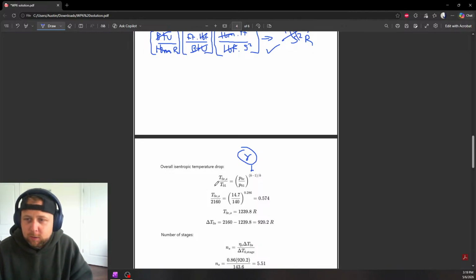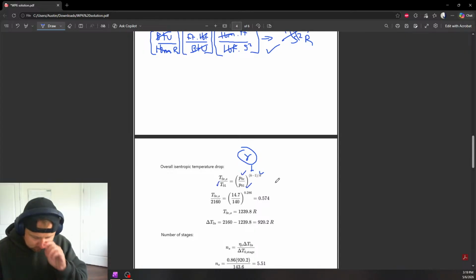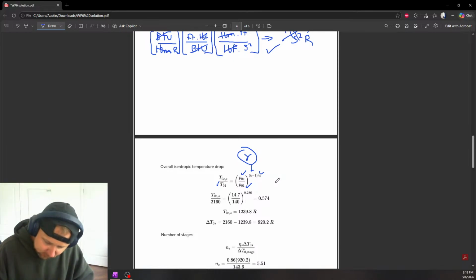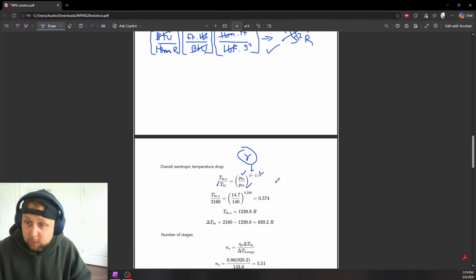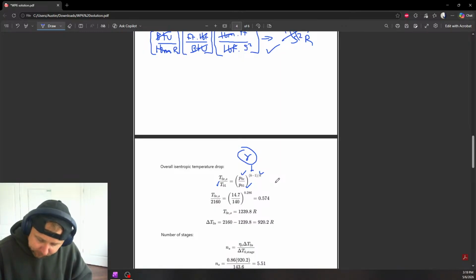But this is what we're looking for. We do have this. We were given this, and we know all these. So TOE is equal to 2160 Rankine times our 14.7 psi over 140 psi.